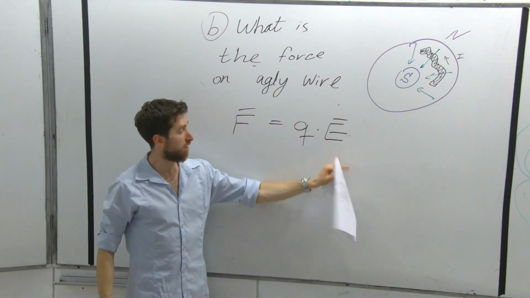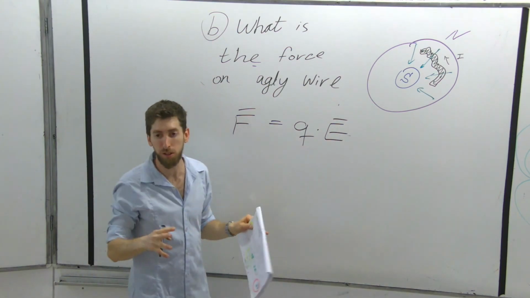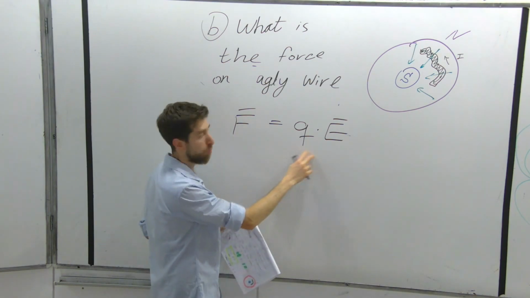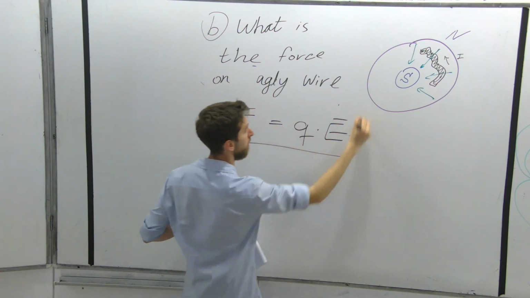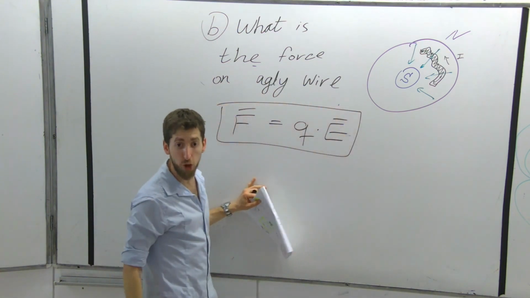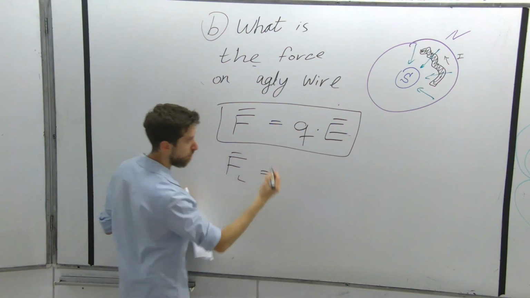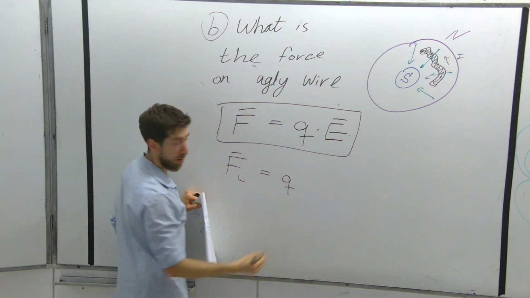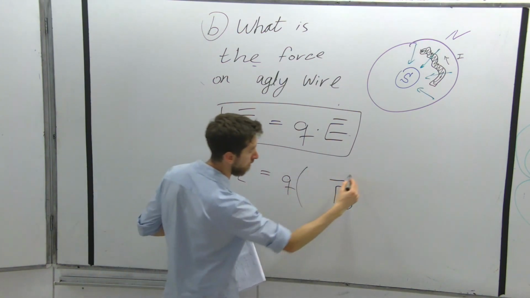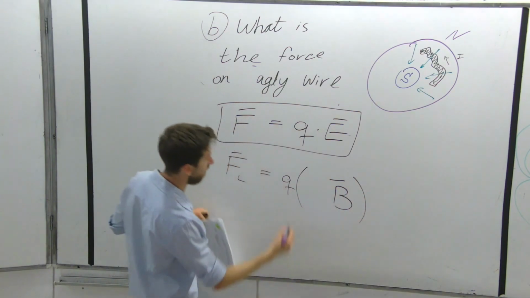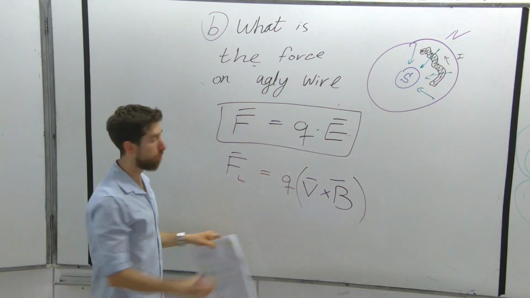Really easy. This is a vector, and this one is just an amplitude, how sensitive I am to the electric field outside, right? So that was the Coulomb equation. And right now we learn a new one, which is Lorenz law. It's pretty similar. It's Q multiplied by the B vector, but in between them, you have an extra term, which is V and a cross. You see the difference between the two equations?